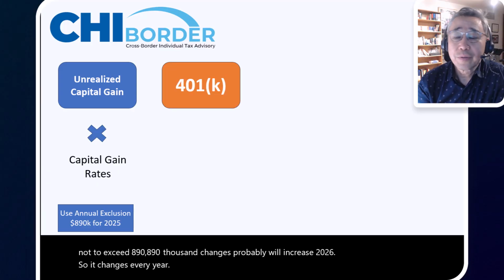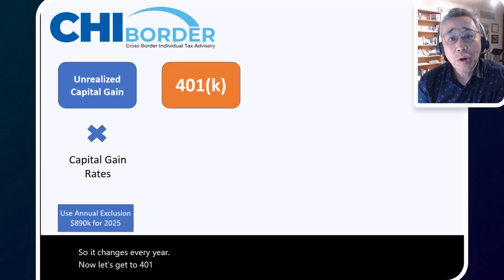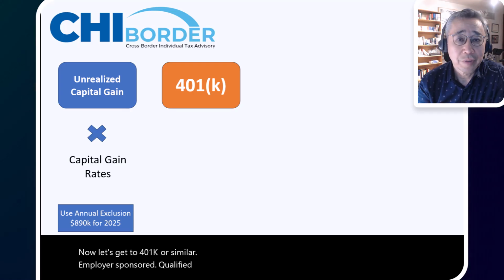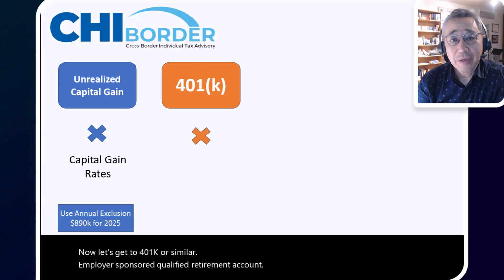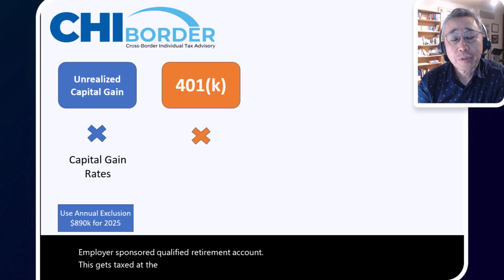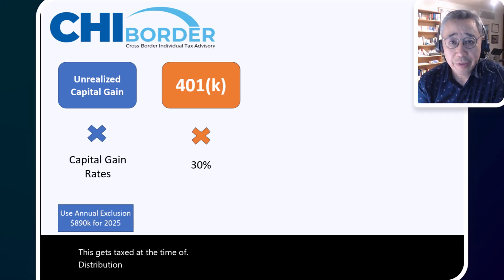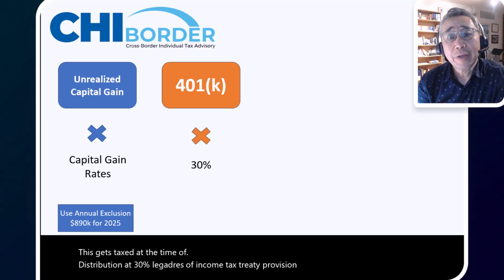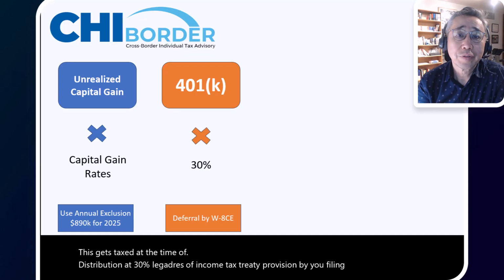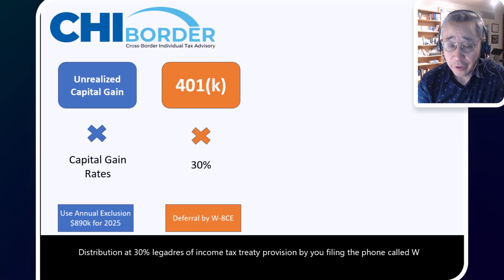Now let's get to a 401k or similar employer-sponsored qualified retirement account. This gets taxed at the time of distribution at 30%, regardless of income tax treaty provision, by you filing the form called W-8CE.